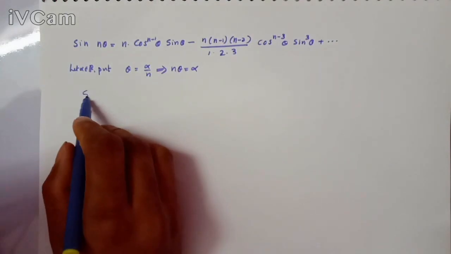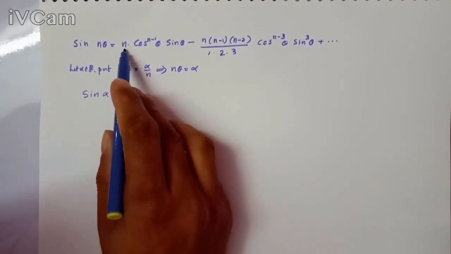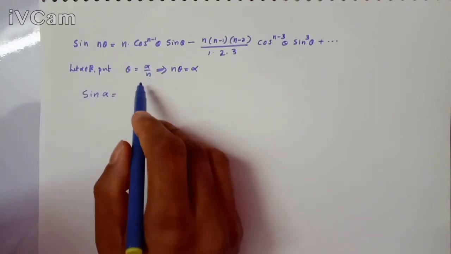Then sine alpha is equal to, I'll write this n as, what is n here?